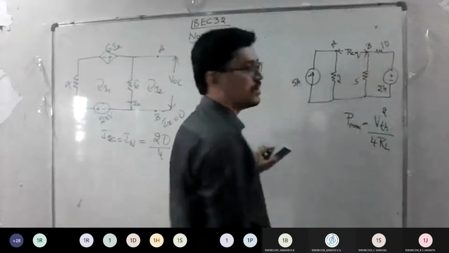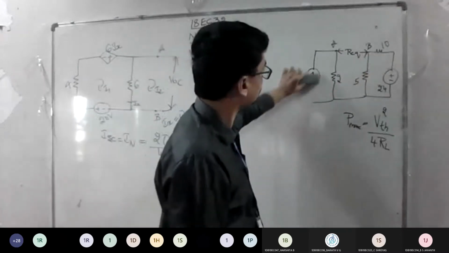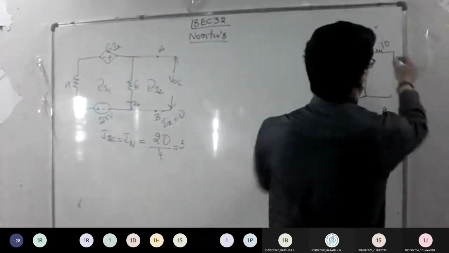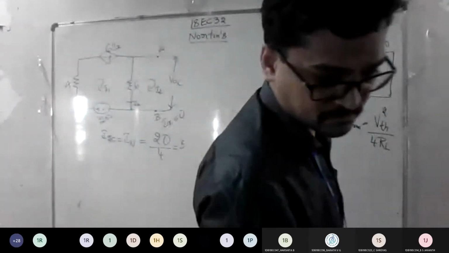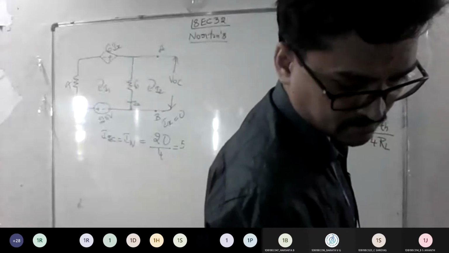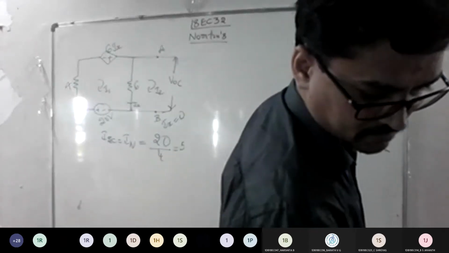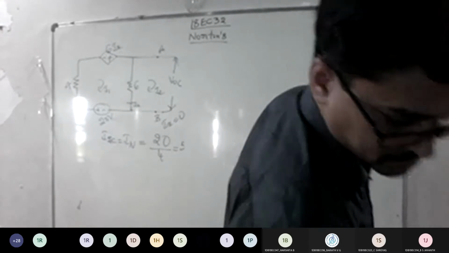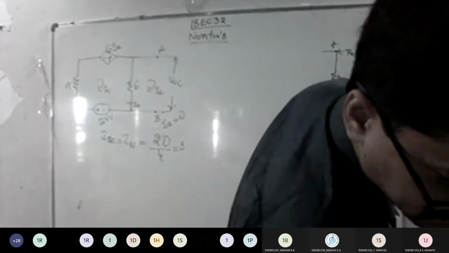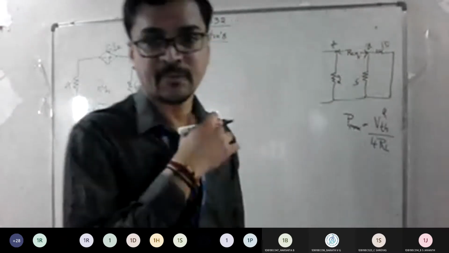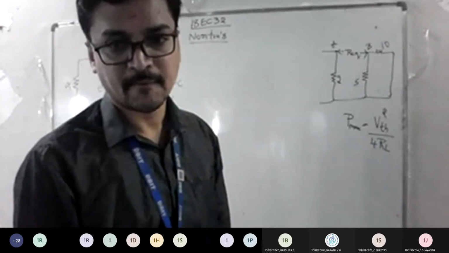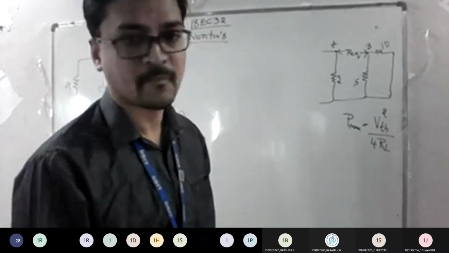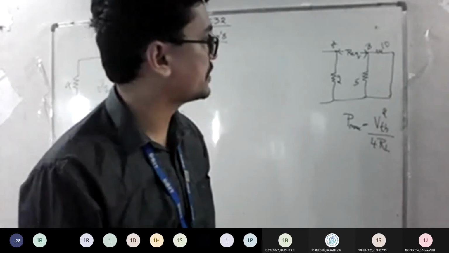And the next thing is, wherever a current source is there, open circuit, and wherever a voltage source is there, short circuit. Am I audible? Yes, sir.